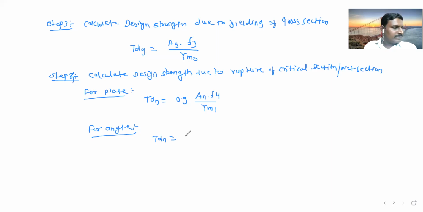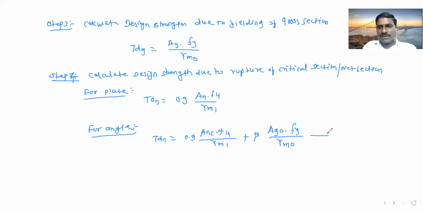TDN is equal to 0.9 Anc into Fu divided by gamma M1 plus beta into Ago into Fy divided by gamma M0.